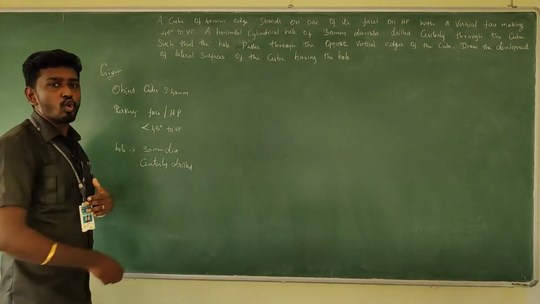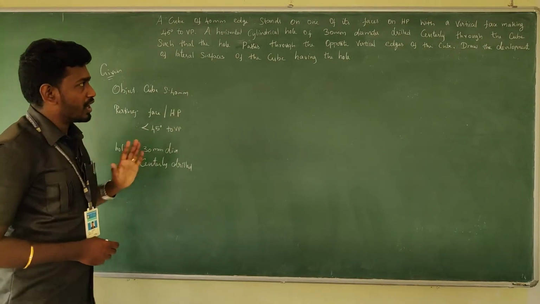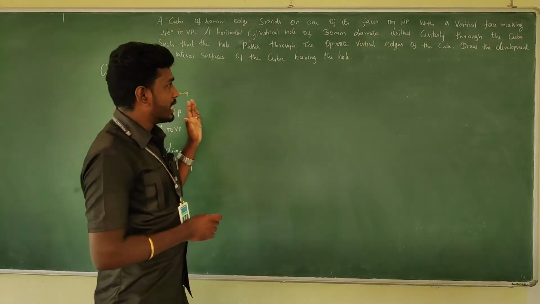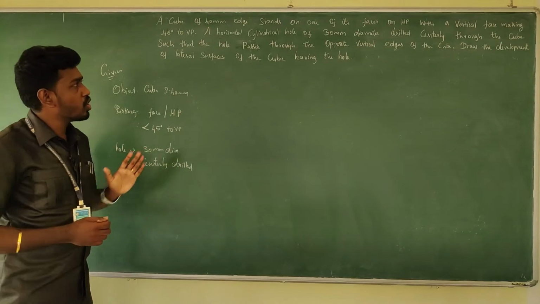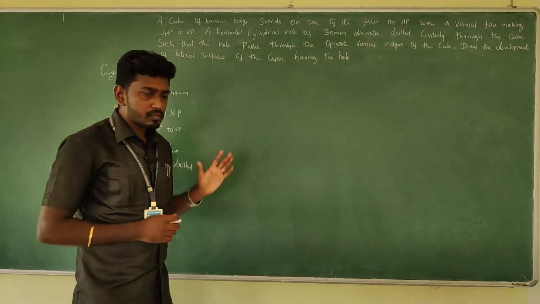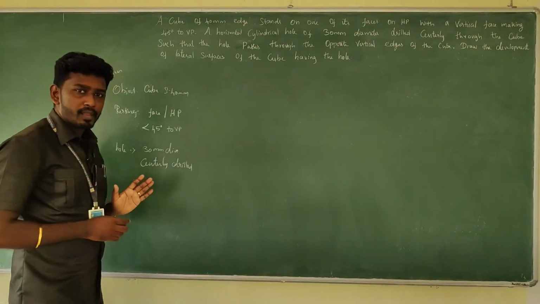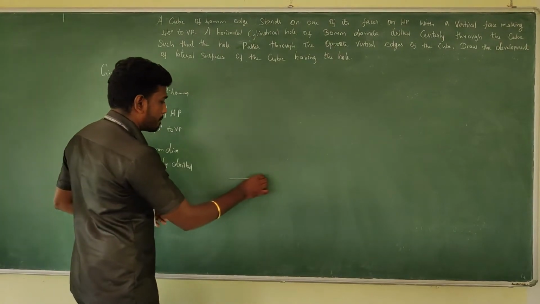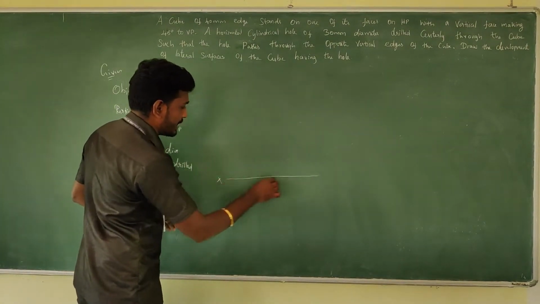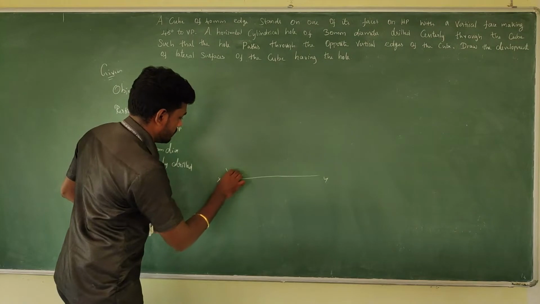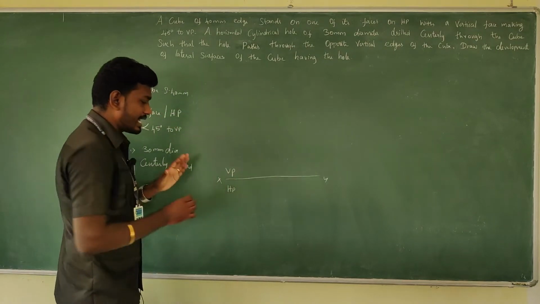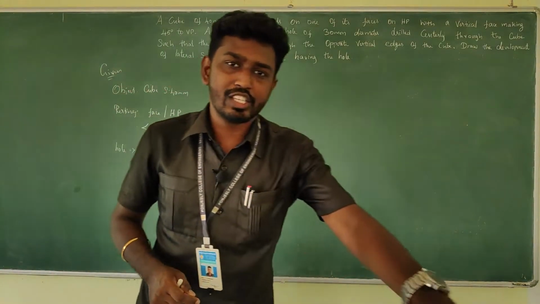So it is a through hole. For this we need to form the development of the lateral surface of the cube. First of all, just have a reference line and start to position it. Below is the HP. It's a cube.